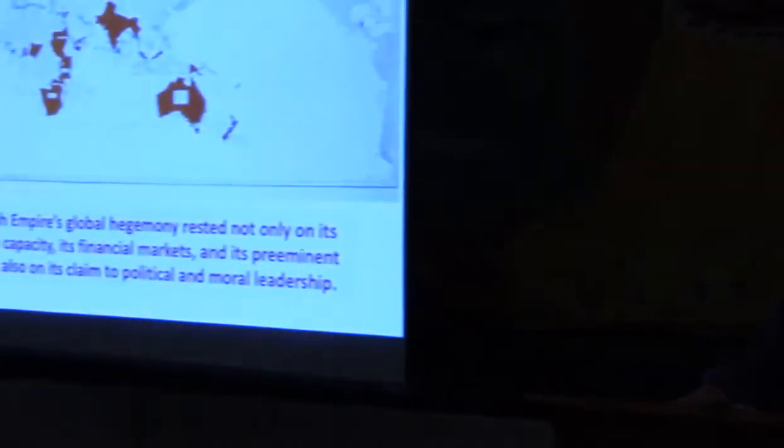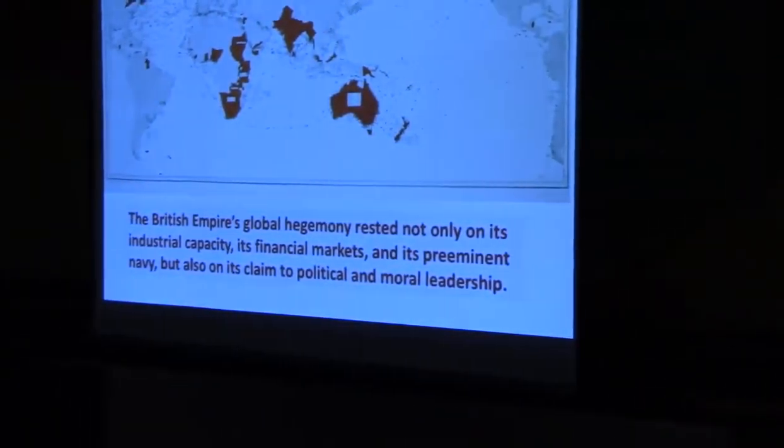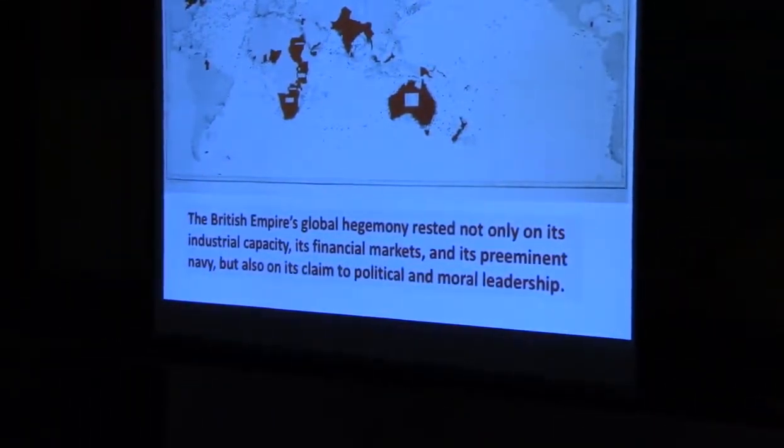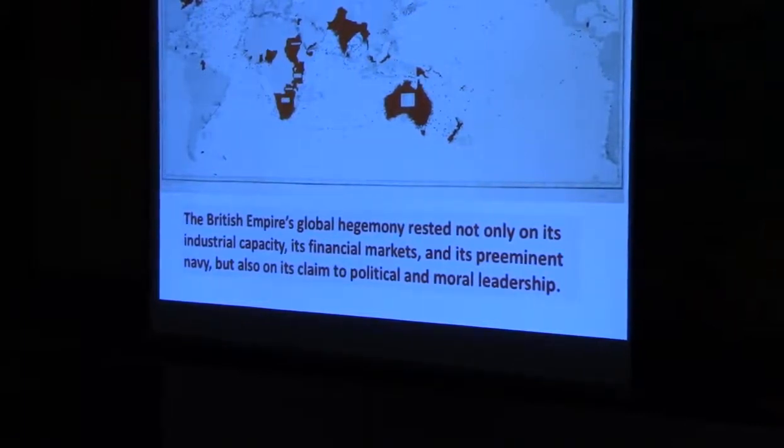The last lecture, I talked a little bit about the growth of the British Empire in the 19th century, consolidated after the end of the Napoleonic Wars in 1815, the basis of the first industrial economy in the world, the global doctrine of free trade.